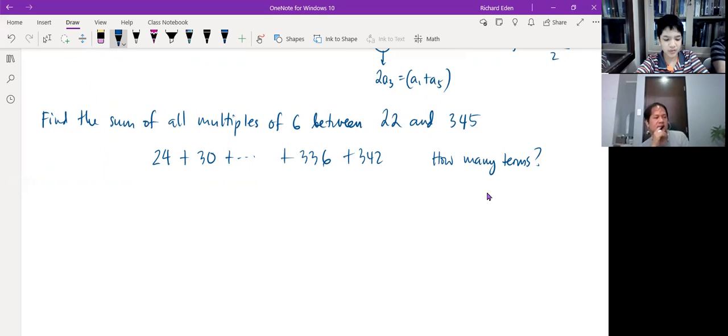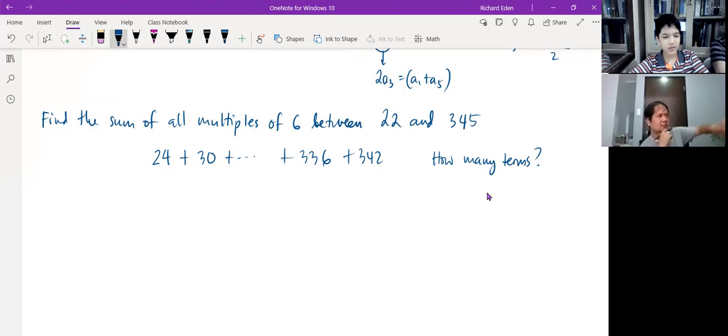24 to 42. So 24 plus 42 is 66, divided by 2 is 33. That's not the middle term.